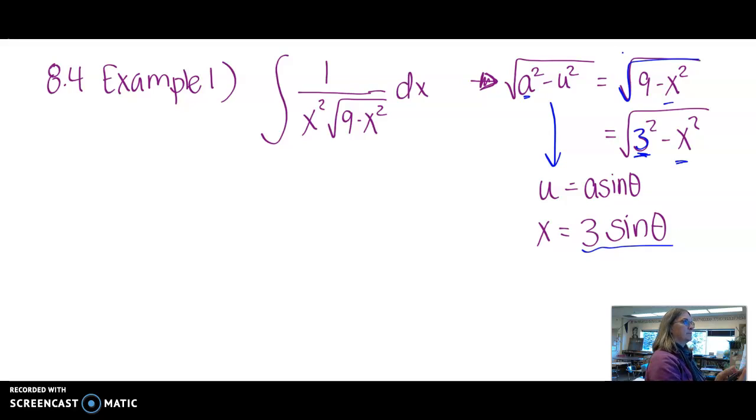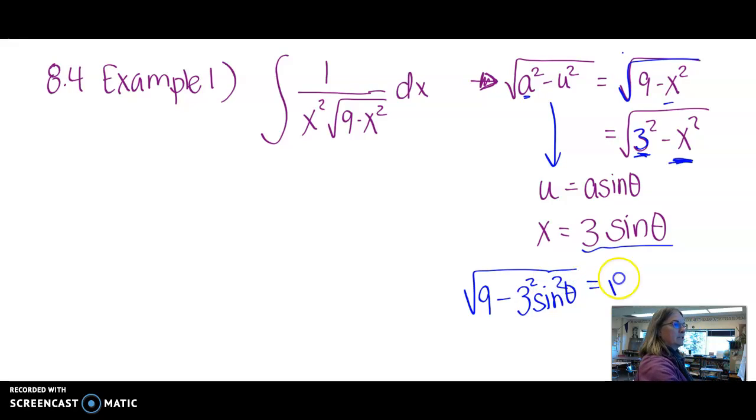And then if we plug in to here, we have 9 minus, if I put in 3 sine theta here, I get 3 sine theta, and it's squared, so we square both the 3 and the sine theta, which is the square root of 9 minus 9 sine squared theta.